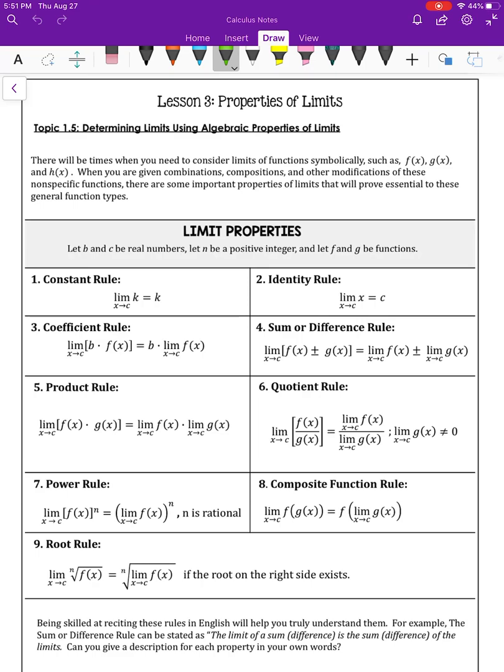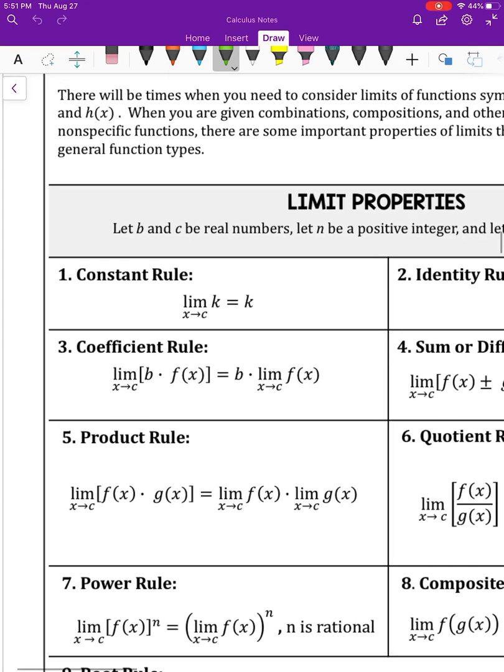So the first one is the constant rule, and the limit as x approaches c of k is k. Basically, if this is my xy axis, and I had, let's say, y equals some value k, and I was looking for what the limit was as it approached c, it doesn't matter where c is.